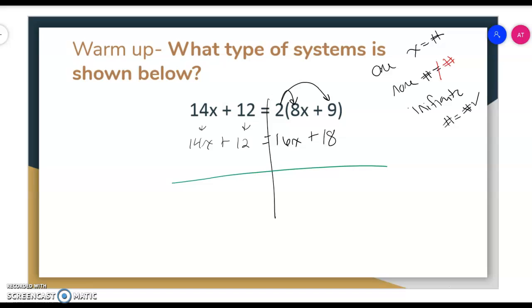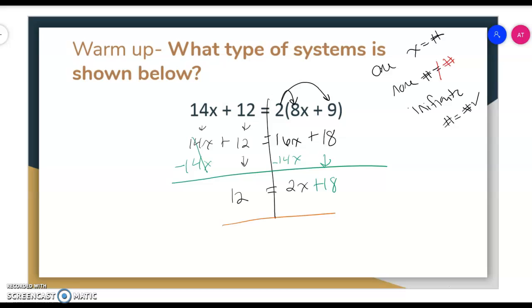The 16x has the most, so on the right we're going to subtract our 14x from our 16x, which is going to leave me with 2x. 16 minus 4 is 2. And I'm going to bring down my plus 18.